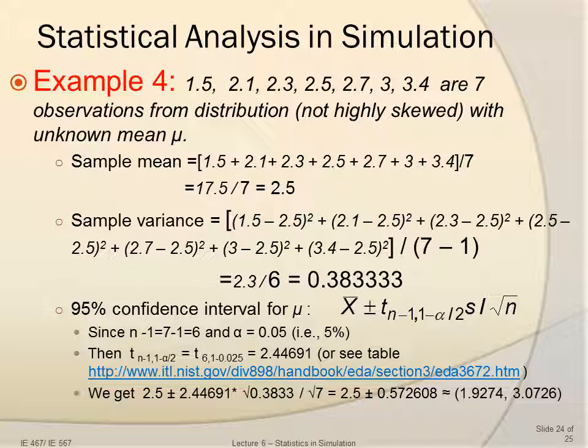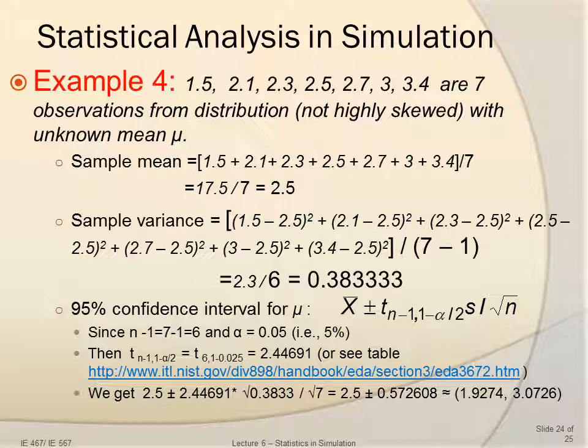And so when we plug in those values that we computed, with the value of the sample mean, which is 2.5, plus minus the critical value of the student's t distribution, which is 2.4691, multiplied by the square root of the sample variance, because the standard deviation is the square root of the sample variance, the sample standard deviation.